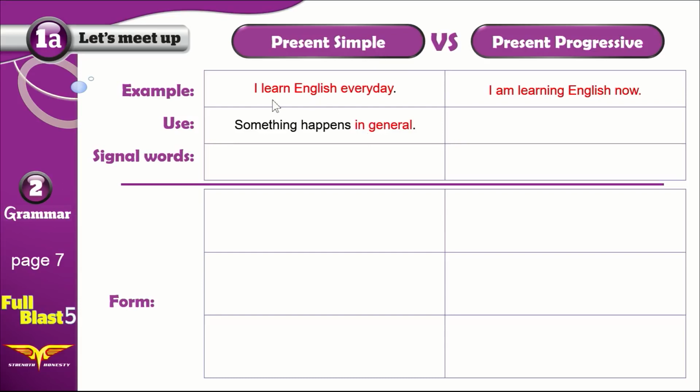Like this, you learn English every day. This is something that generally or regularly happens, every day, every month. Or let's say that you read when you have free time. So this happens in general. You say, I read when I have free time.